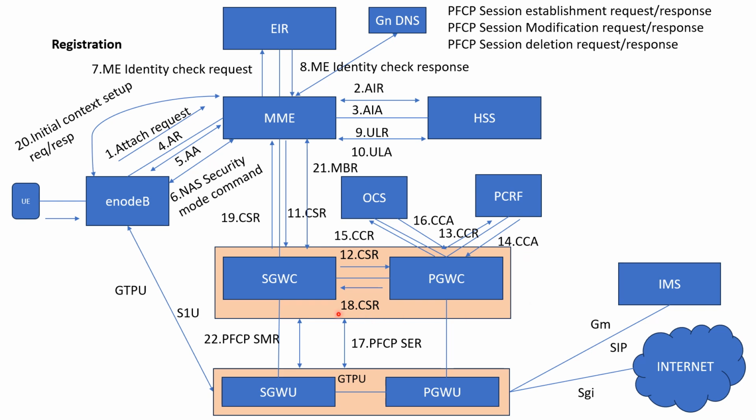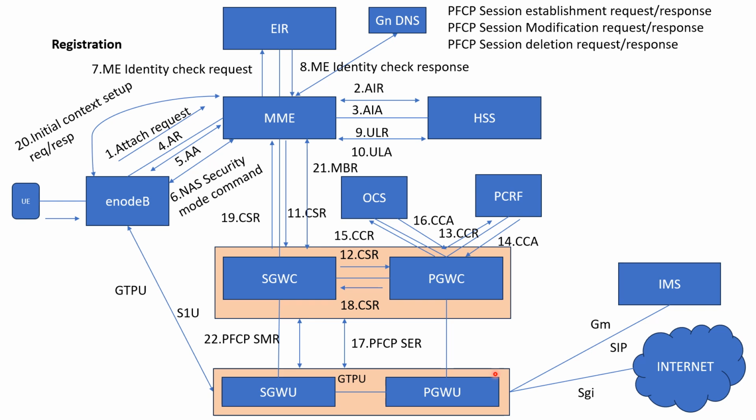Once P gateway C receives all this information, it sends a session establishment request toward SPI gateway U. In the session establishment request, it will send multiple IDs, PDR ID, FAR ID, URR ID, QER ID, to the user plane, specifying what conditions we have to apply for this particular user.